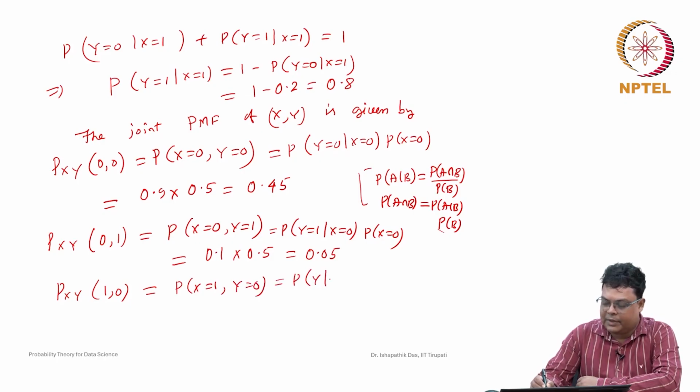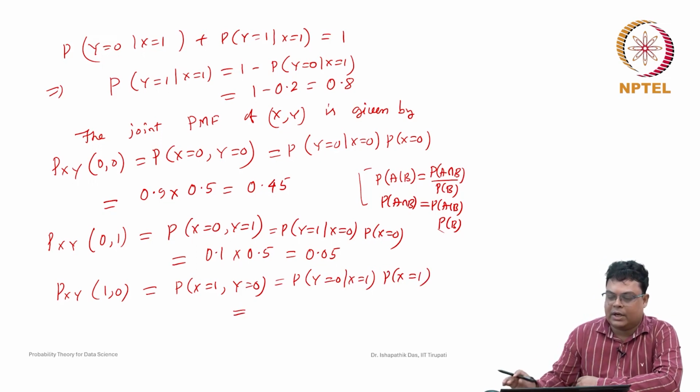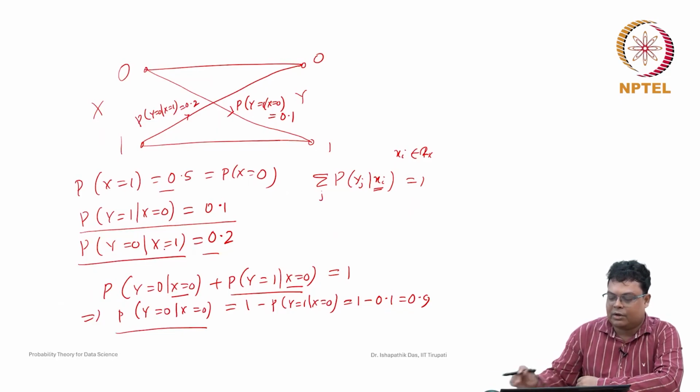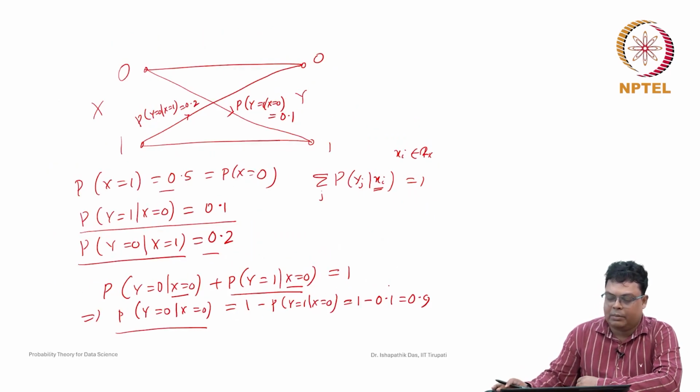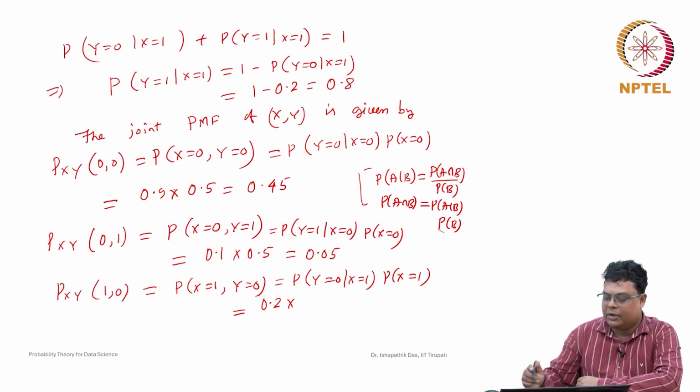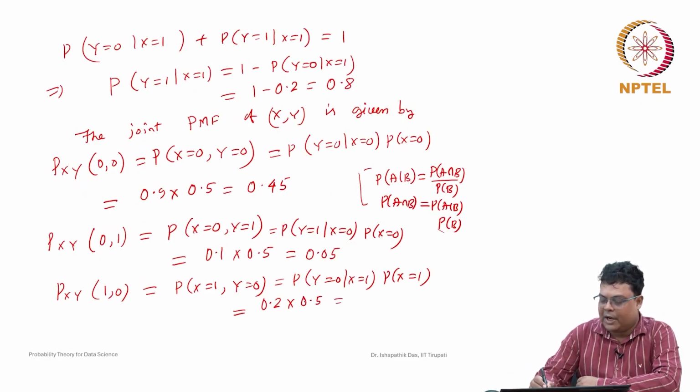This is y equal to 0 given x equal to 1, into the probability of x equal to 1. The value of y equal to 0 given x equal to 1 is provided to us, and it is 0.2. Multiplying by the probability x equal to 1, which is 0.5, 5 into 2 is 10, so 0.1.